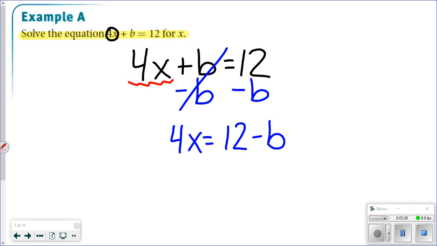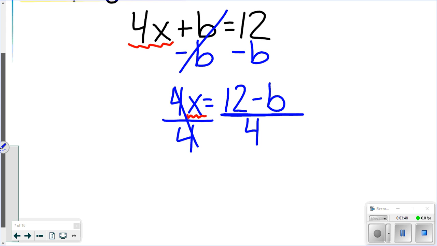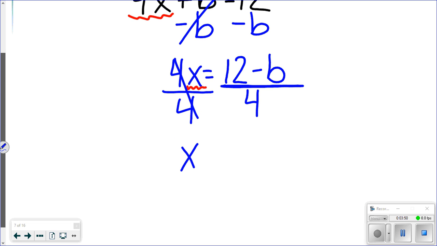Now, we want this x to be all alone. Currently, it's being multiplied by 4, so the opposite is to divide by 4. On the right side, we need to make one big fraction bar and divide everything by 4. We could leave our answer like that: x equals 12 minus b all over 4.